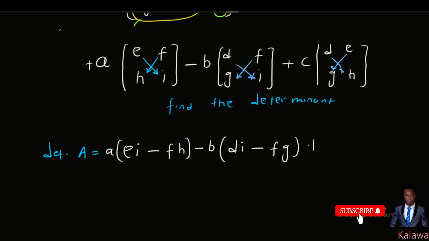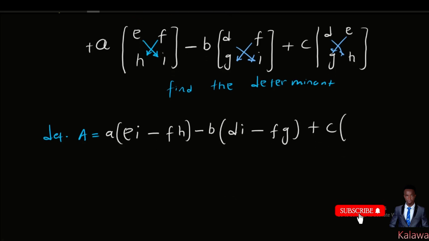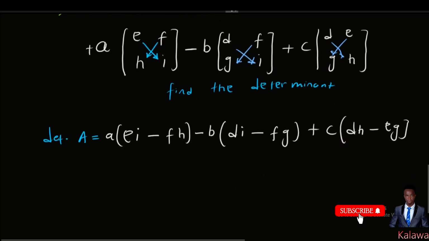And then plus C. And for C, what do we have? We have DH minus AG. So from this we can find the determinant, but we already have letters, so take notes. This is how we are going to find the determinant for a 3x3 matrix.